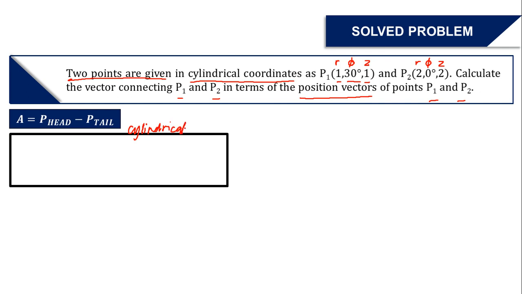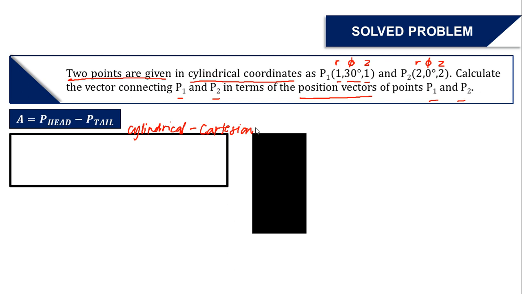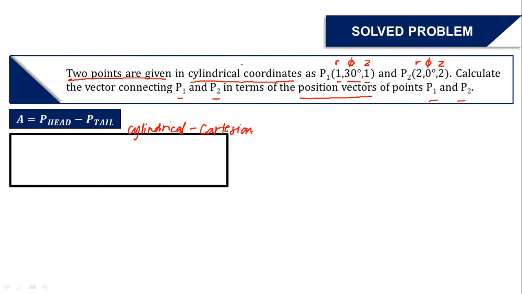Okay, yung conversion natin to Cartesian. So, alam natin na yung x natin, x is equal to r cosine phi, then y is equal to r sine phi, then yung z natin is equal lang z. Okay?